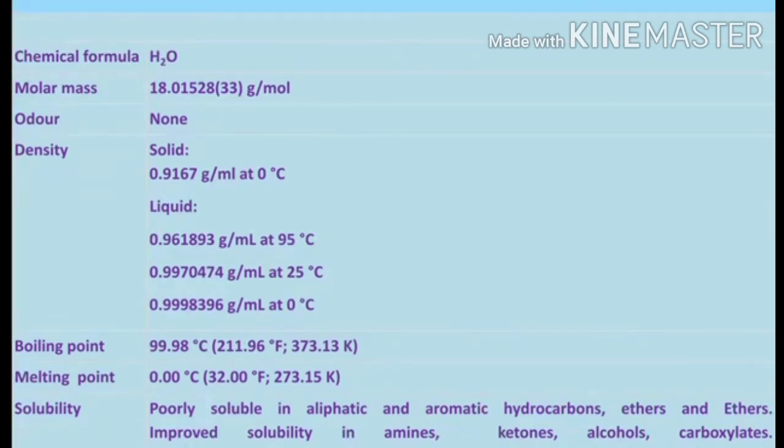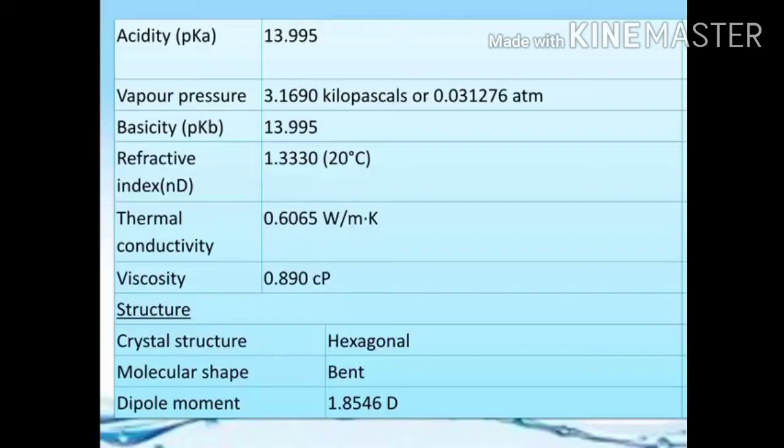Solubility: poorly soluble in aliphatic and aromatic hydrocarbons, miscible with acrylonitrile, dimethyl sulfoxide, dimethoxyethane, etc. Partially miscible with bromine, ethyl acetate, diethyl ether, dichloromethane. Acidity: pKa value is 13.995. Vapor pressure 3.1690 kilopascal or 0.031276 atmospheric pressure.